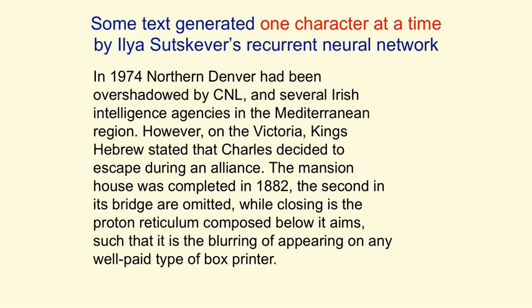So the phrase, several Irish intelligence agencies in the Mediterranean region, has problems, but it's almost good English. Notice also the thing it says at the end, such that it is the blurring of appearing on any well-paid type of box printer. There's a certain sort of thematic thing there about appearance and printing, and the syntax is pretty good. And remember, that's one character at a time.